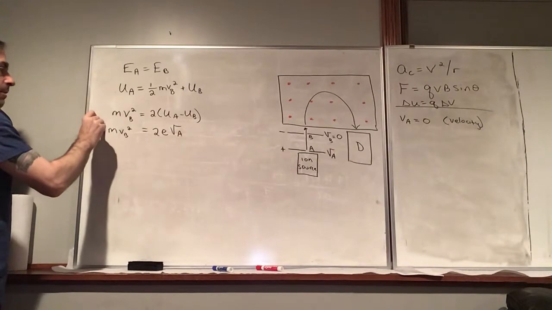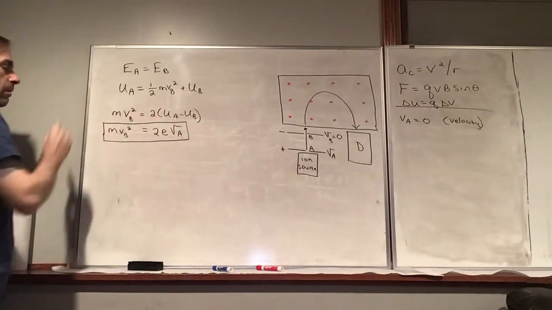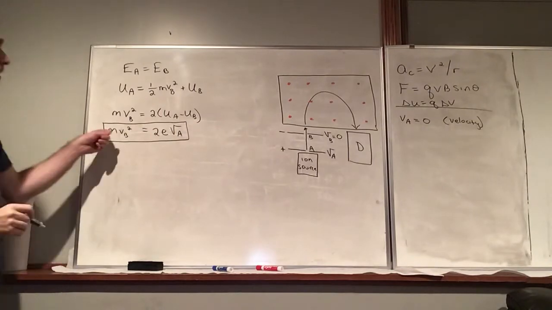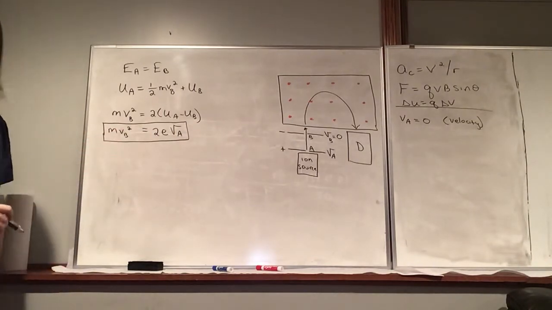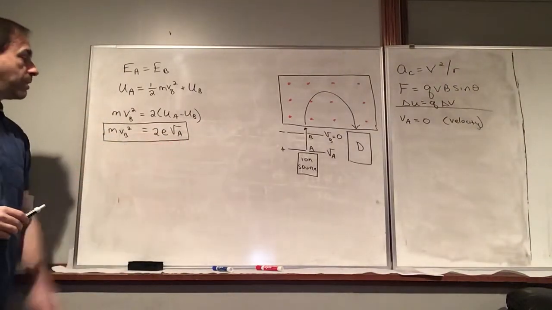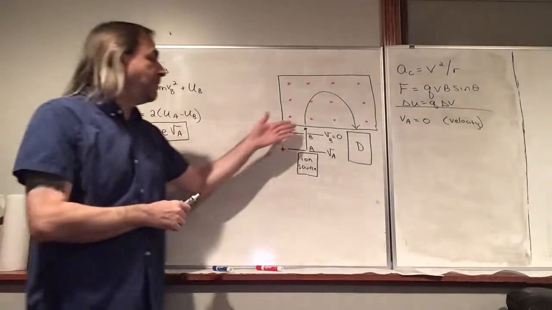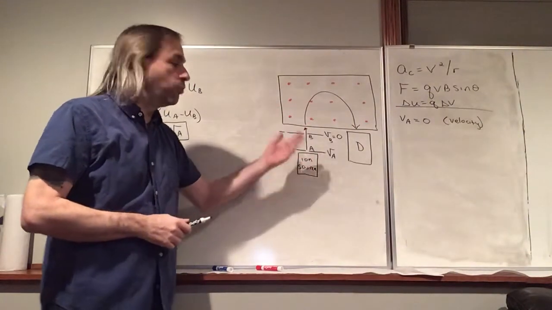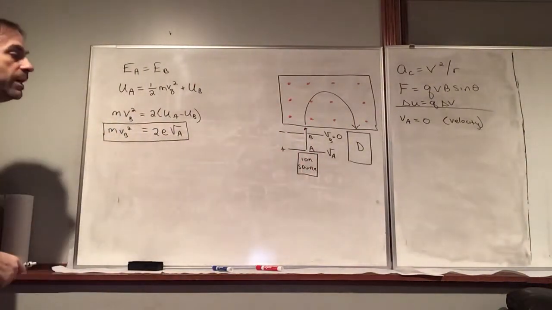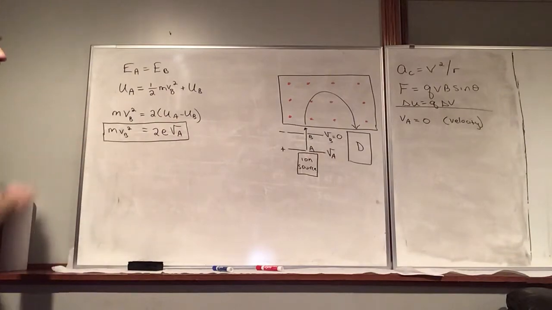So let's put a box around this. So what we have is mass times the velocity at point B squared is equal to 2 times the charge times the electric potential at A. So again, we could just say there's a 10,000 volt potential difference between these plates. And that'd be VA.